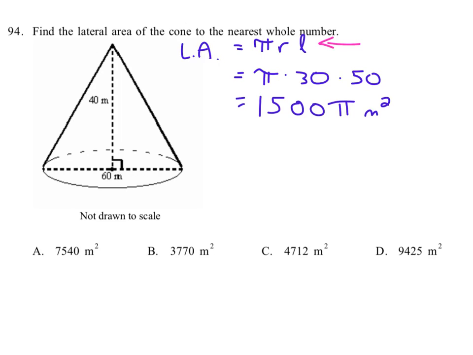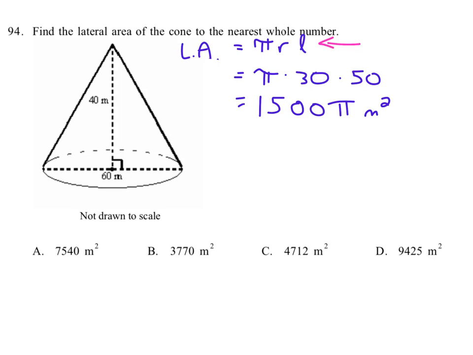And now I'm going to type in on my calculator what we get when we get 1,500 times pi, 3.14159. We get 4,712.385. And that 0.385 is not enough to be counted as another half of a whole one.